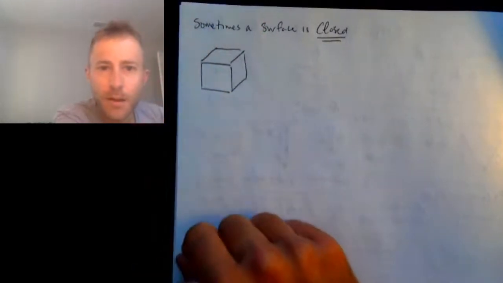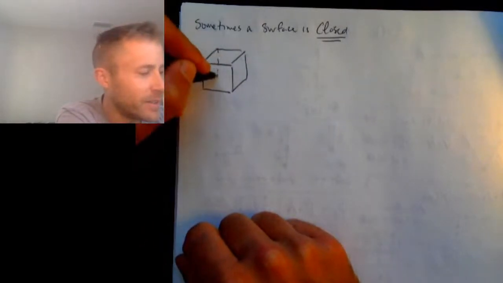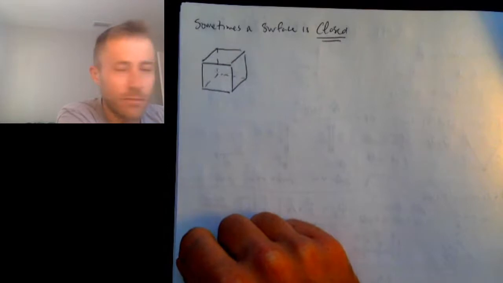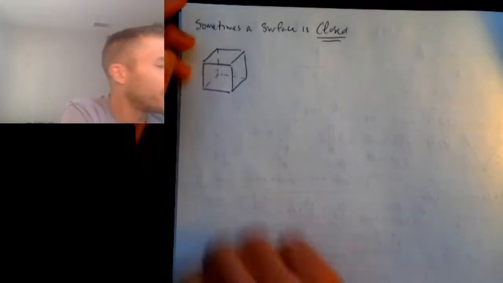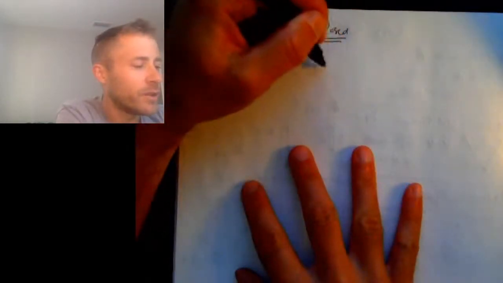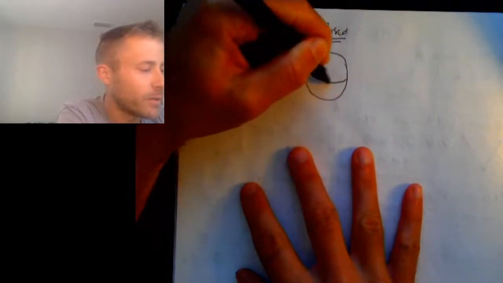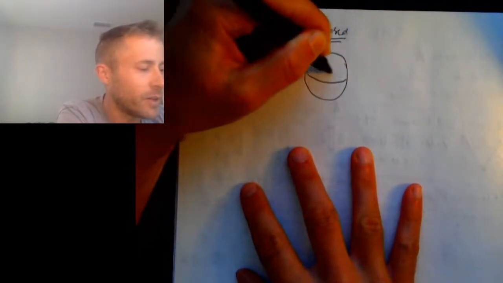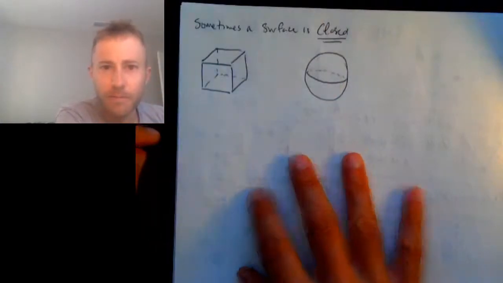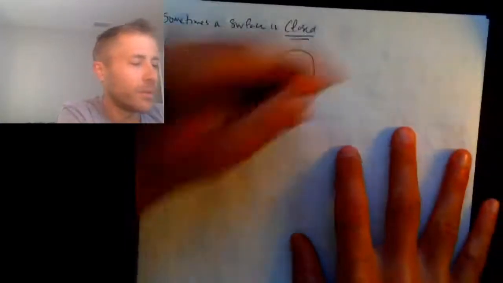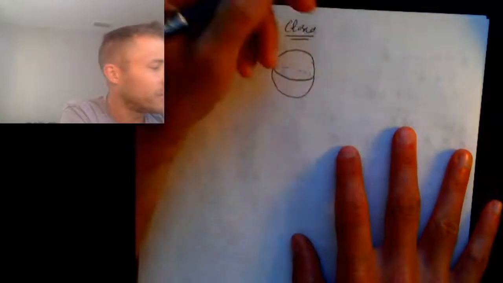A cube has an inside and an outside. All right. Another example is a sphere. A sphere has an inside and an outside. Another example is a cylinder.